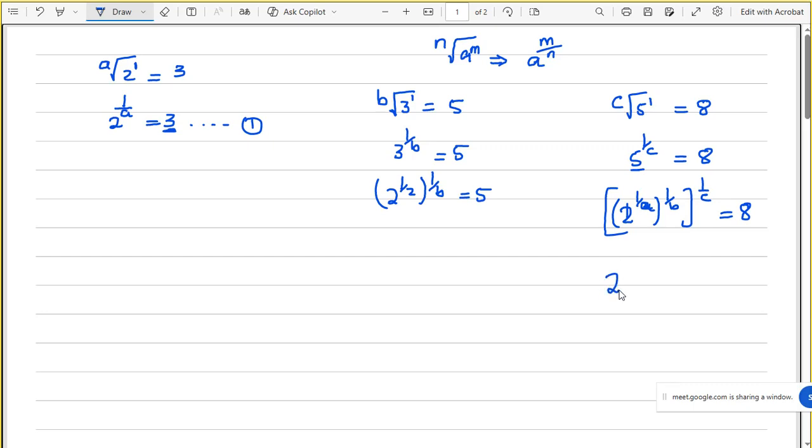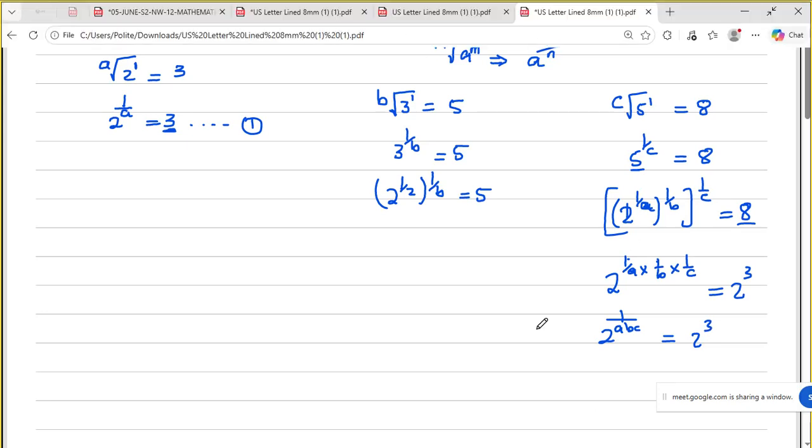We have 2 to the power 1 over a times 1 over b times 1 over c. Change the 8 so that the base can be the same. So this gives me 2 to the power 1 over abc, because 1 times 1 times 1 is 1, and a times b times c is abc. This is equal to 2 to the power 3.